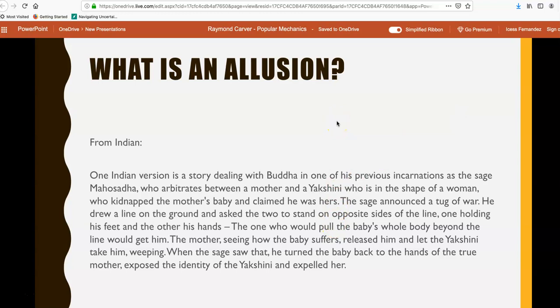Of course, the King Solomon story isn't the only story. There is an actual story dealing with the Buddha and one of his incarnations. And it's very, very similar to the King Solomon story. And I'm going to butcher this, Yakshini, is someone who is the shape of a woman who kidnapped the mother's baby and claimed it was hers.